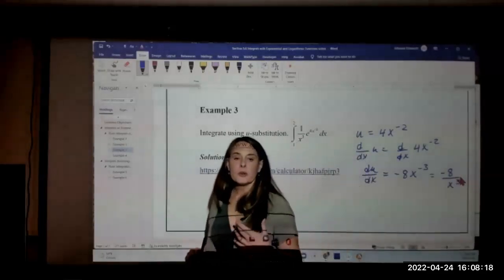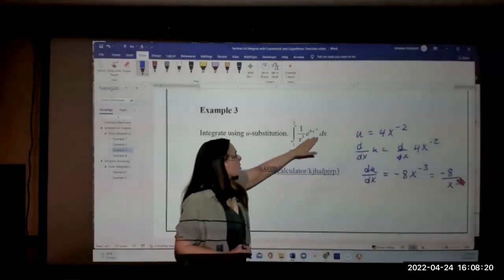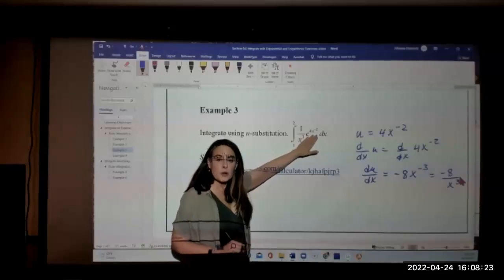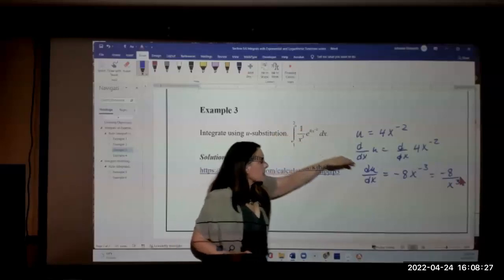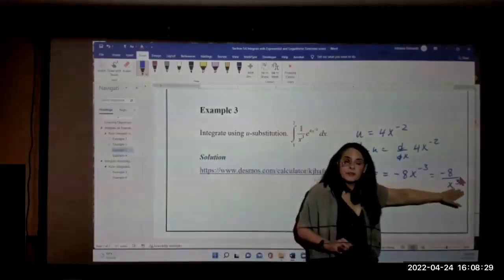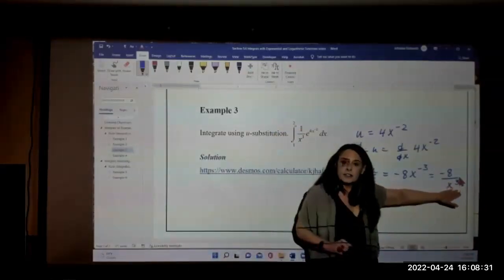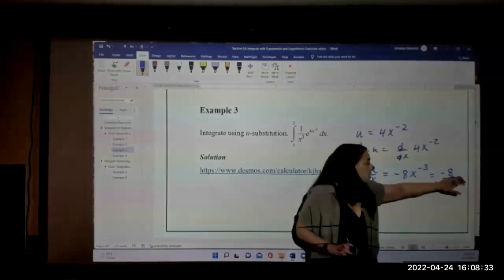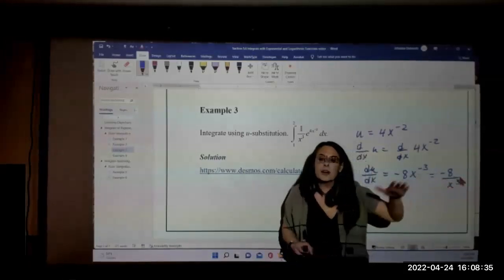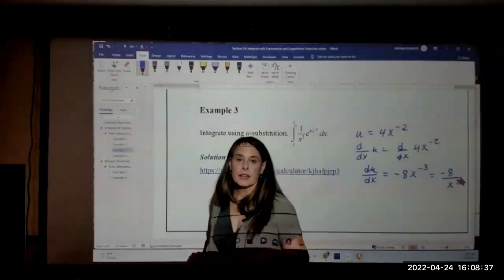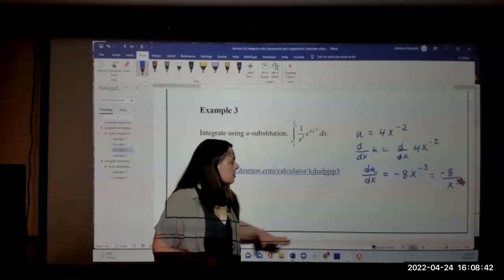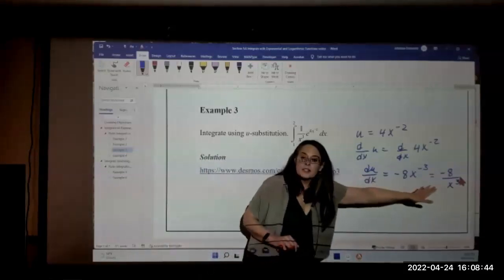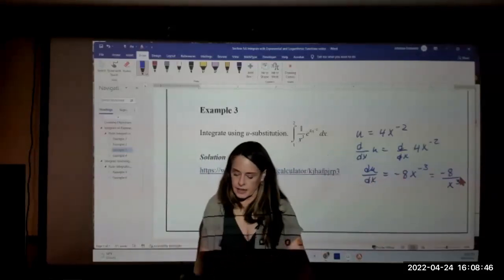Now look back at your original integrand. What was behind the integral symbol before the differential? I've got a 1 over x cubed, and I can see that in my derivative of u with respect to x, I also have an x cubed. I've got a constant negative 8, but constants are easy to manipulate. So now we're going to abuse the notation, swing the dx to the other side, and then solve for the dx.